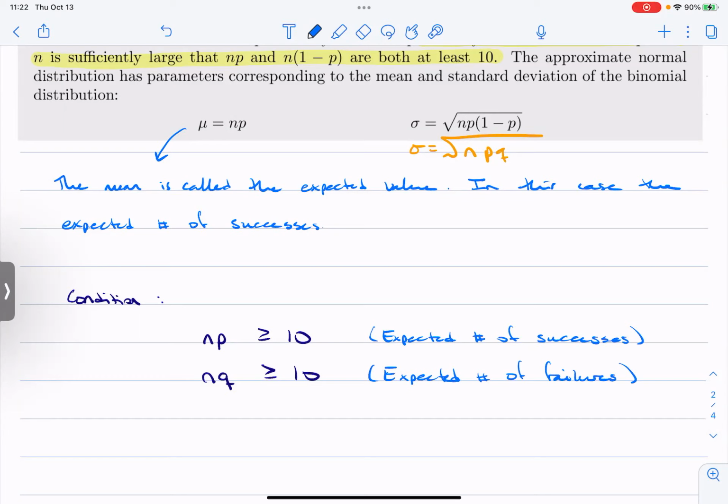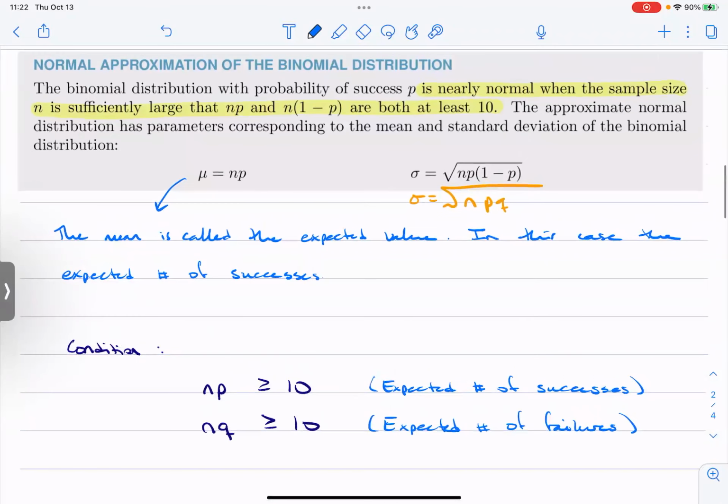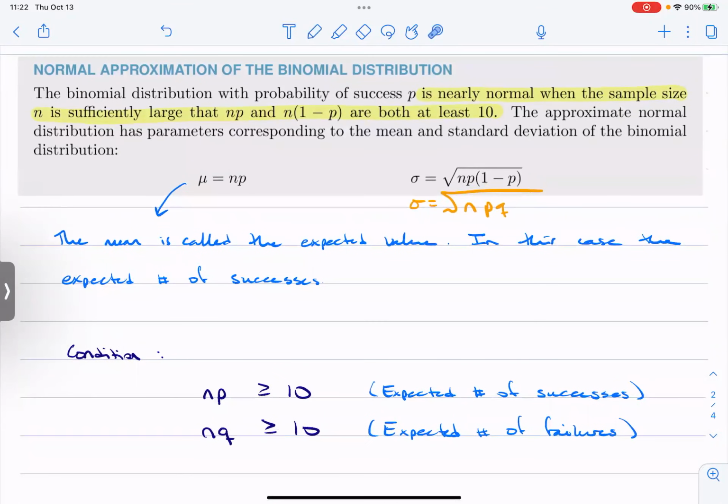As long as that checks out, then we can use the normal approximation to the binomial. The approximate normal distribution has parameters corresponding to the mean and standard deviation of the binomial. This we can always find, but we haven't been because I save it for this normal approximation. So we know the mean, and the standard deviation is just going to be the square root of npq.